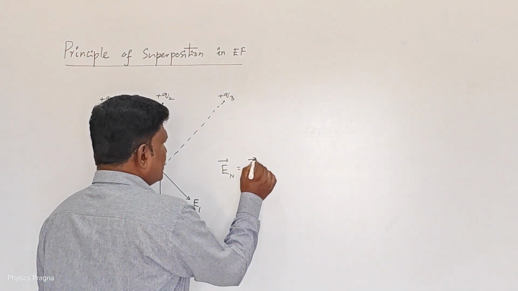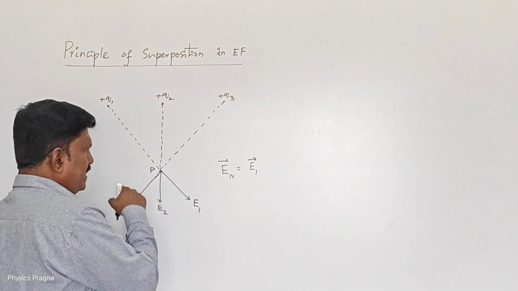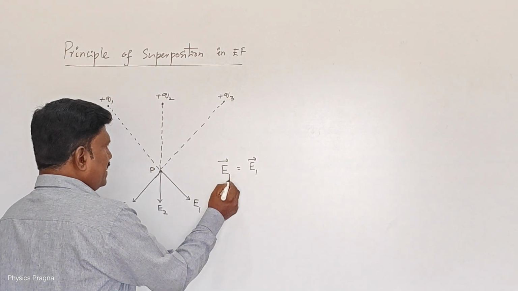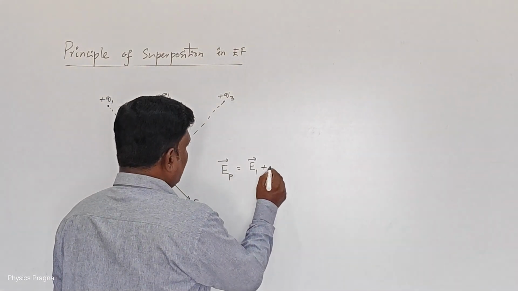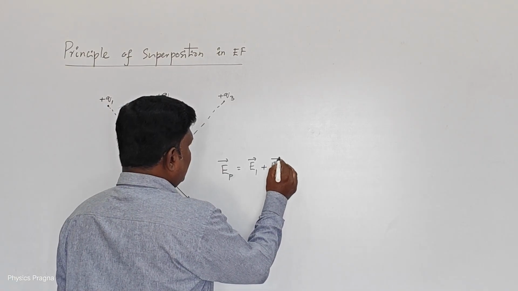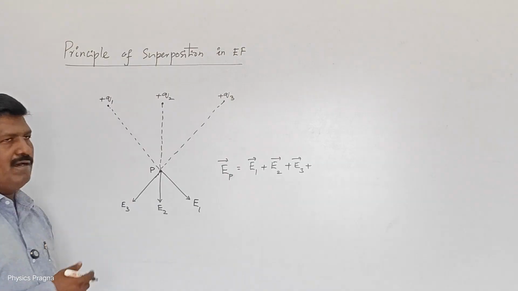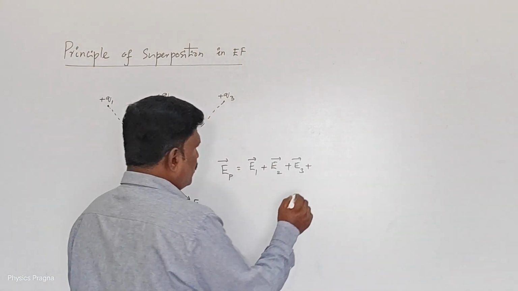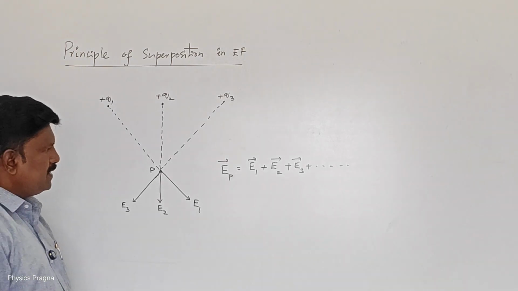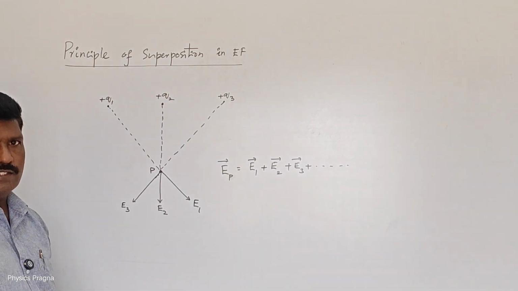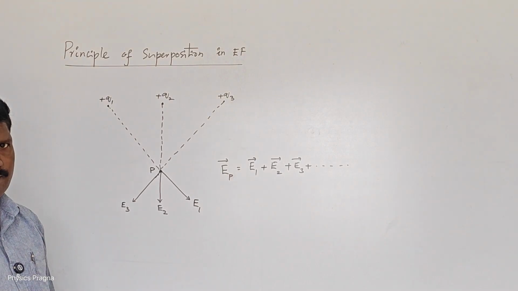So the net electric field at point P, E_P, is the algebraic sum of E1, E2 and E3. Now only three are there, but if so many are there, we can also add all of them. Like this, in the case of electric fields also, we can apply the superposition principle.